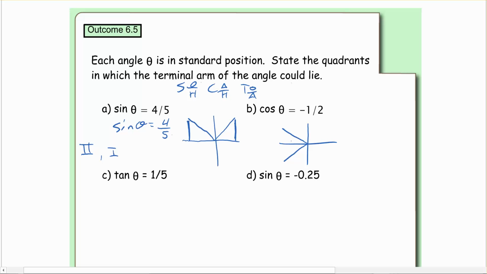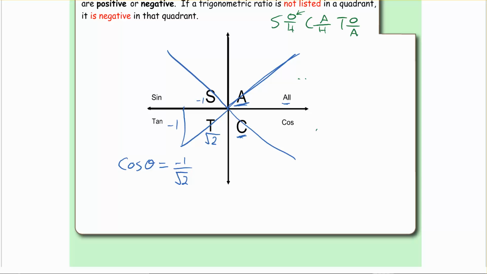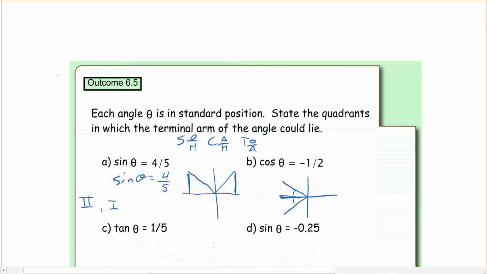So the x value, my adjacent side, is on the negative part of the x-axis. So it would be there and it'd be there. You could also look up at your little chart and say, okay, cosine is positive in this one and positive in this one. So that means it's negative over here and negative over here. So in 2 and 3.